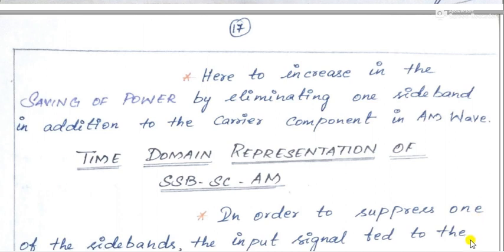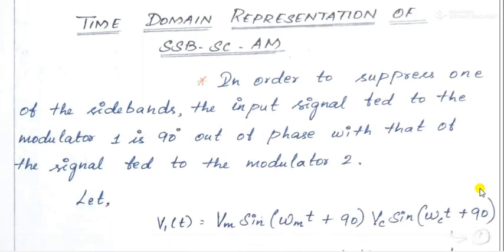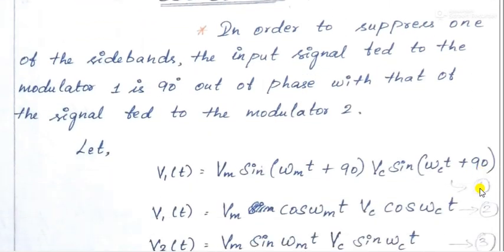Time domain approach of SSB-SC AM. To suppress one of the sidebands, the input signal fed to modulator 1 is 90° out of phase to modulator 2. First, V1 of t is equal to Vm sin(omega m t plus 90).